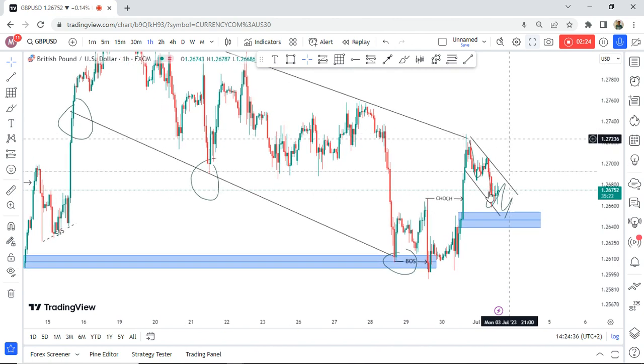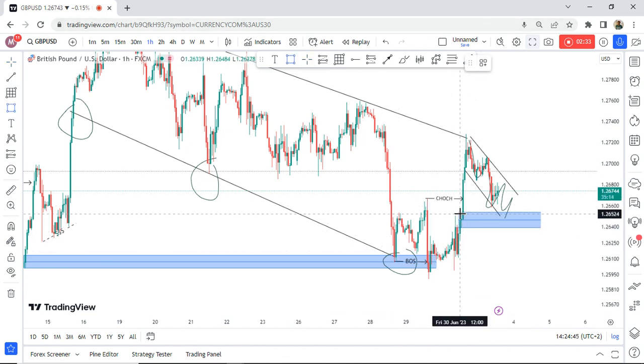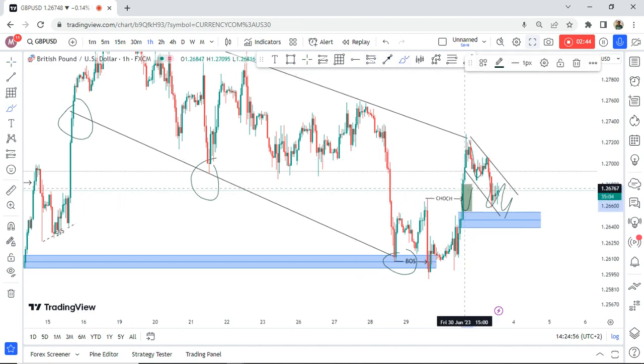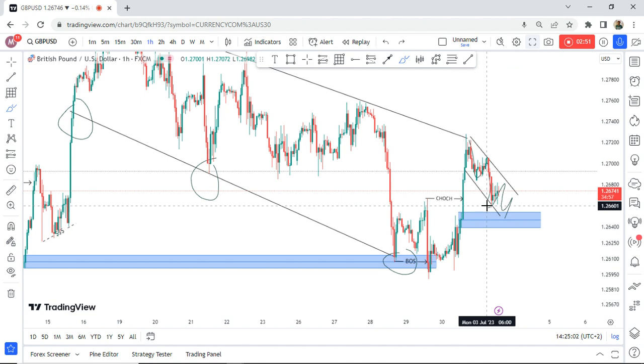But with this one, we have a fresh, unmitigated order block, which is in this area, where there is a huge imbalance that happened on the candlestick right here. The market really came and filled up this area that it left, which you call an imbalance, but it didn't mitigate the order block yet.